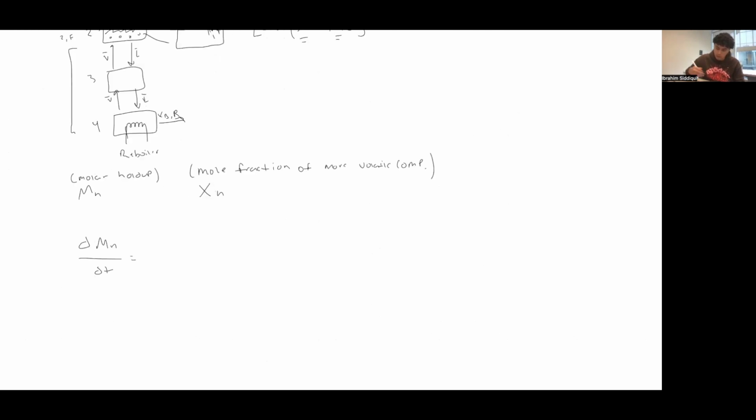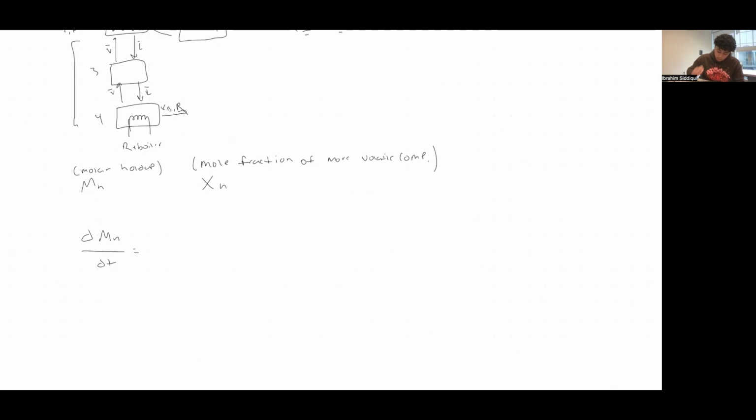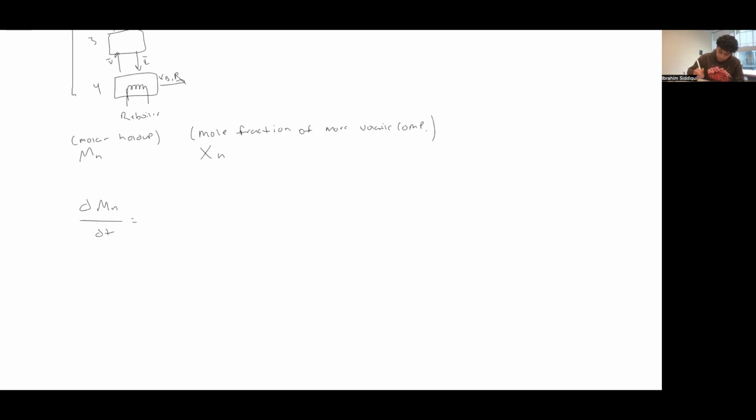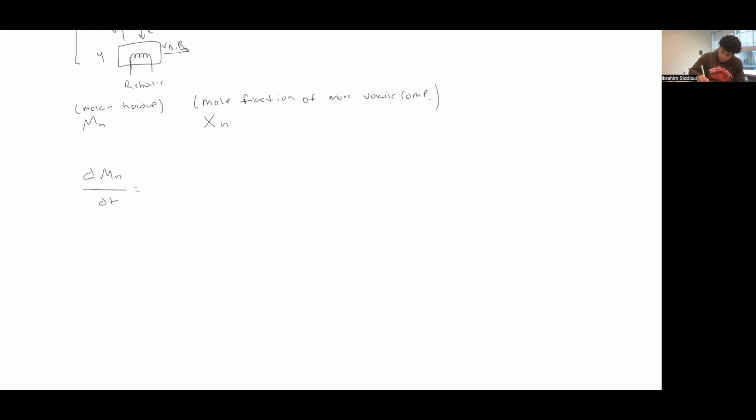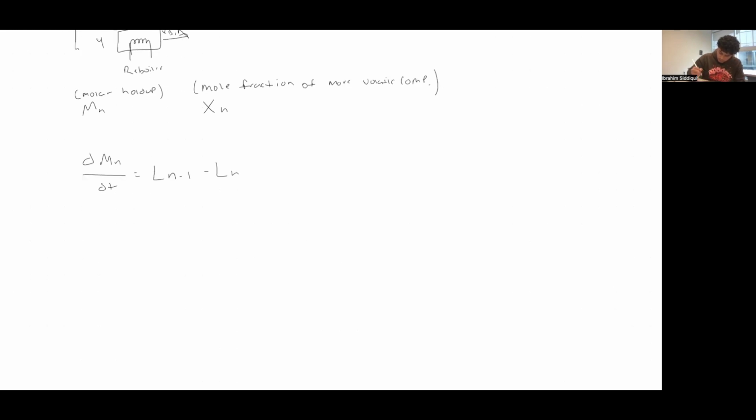So this is essentially our liquid entering and leaving that we're starting with for now, but we'll introduce our vapor once we change these expressions, and it'll look a little different. It's going to be equal to L(n-1) minus L(n), plus we'll actually introduce our vapor too now. So our vapor at stage N+1 minus our vapor at stage N. Okay.